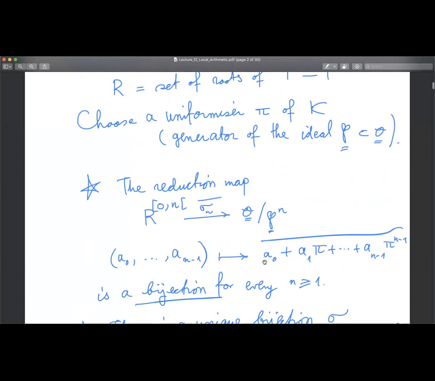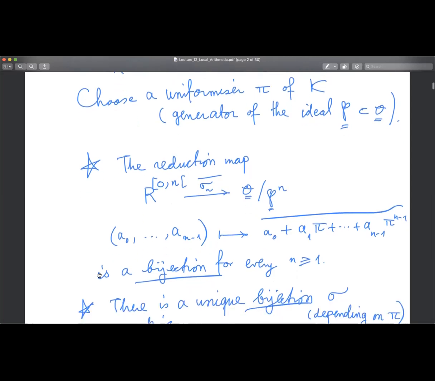So to the sequence A0 up to An minus 1, I associate first of all the integer A0 plus A1 pi and so on up to An minus 1 pi to the n minus 1. It's an element of O. Then I put this bar to indicate that I take its image modulo P to the n. So that defines the map sigma n bar.